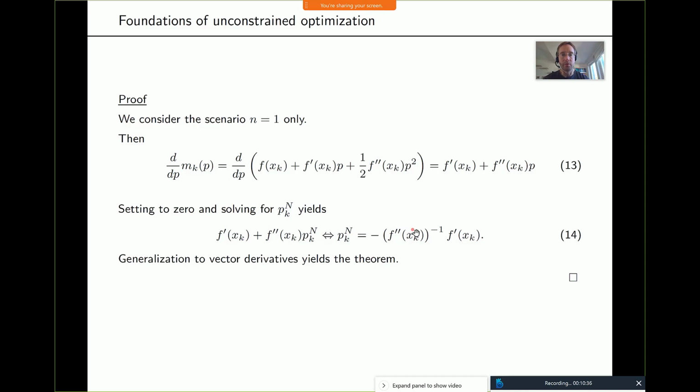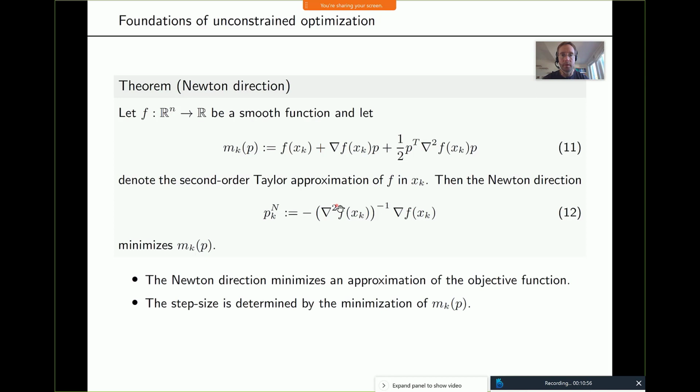And if instead of looking at the second derivative, you again take the Hessian matrix at xk, the inverse of the Hessian matrix, and here instead of f prime take the gradient, then you are again back at the Newton direction.